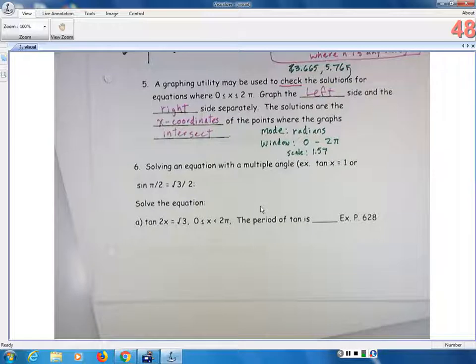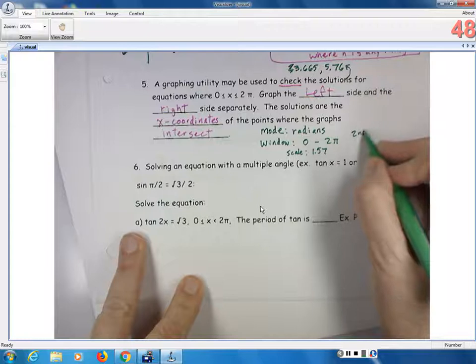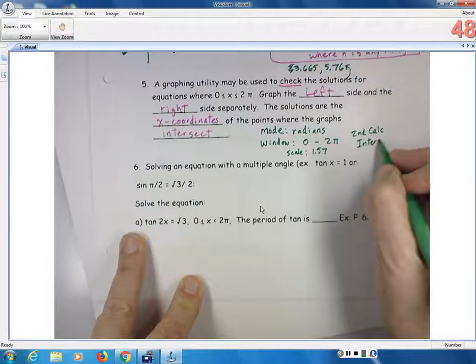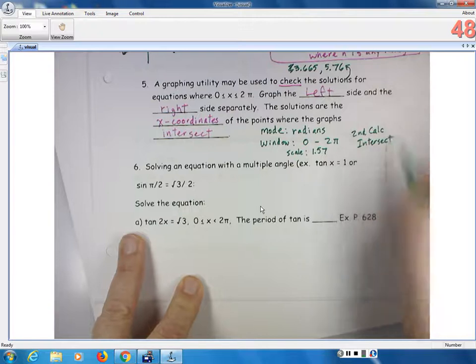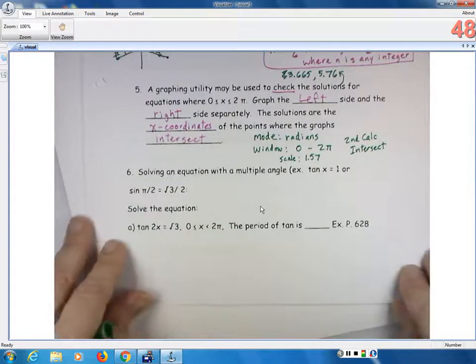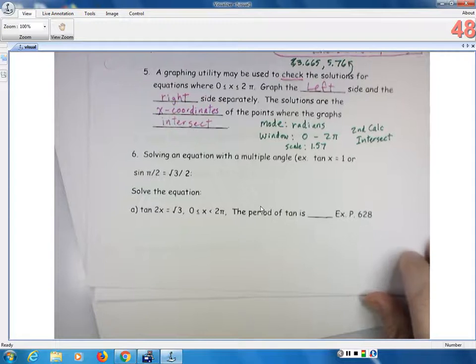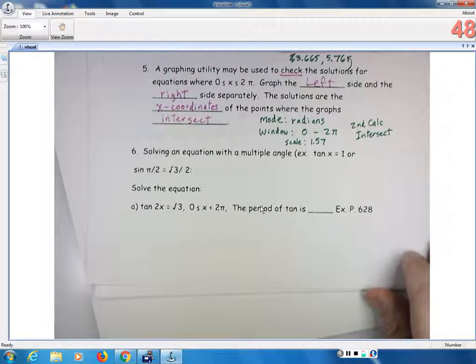And then we did second calc intersect. We had to change our window, and we had to change the Y window too. The reason it was doing funny things is that I had it in degree mode. In degrees, I was only seeing a very small part of the curve.